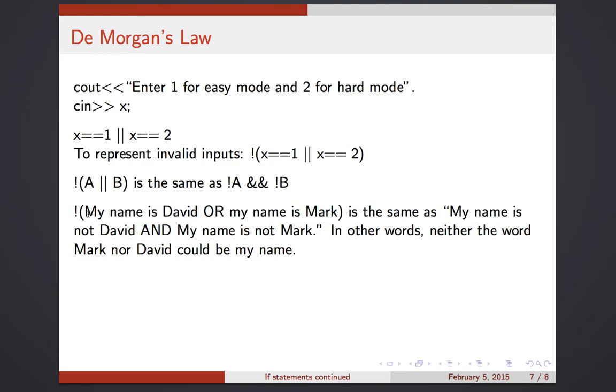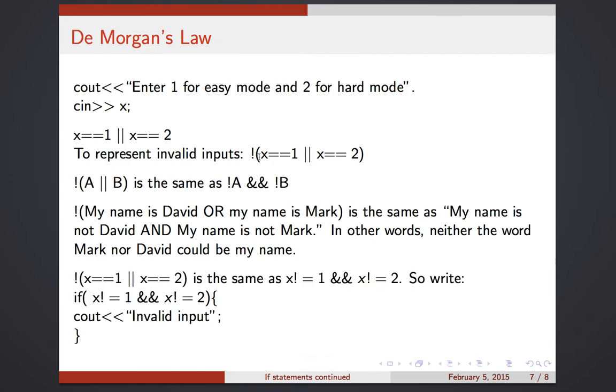Okay, so in the first statement, this statement inside the parentheses is true if my name is David or my name is Mark, right? And my name happens to be David, therefore this statement inside here is true. But anyway, when I negate it, now what I'm saying is that neither Mark nor David is my name. Okay, so my name is not David and my name is not Mark, right? So both of those things have to be true. I've turned an or into an and.